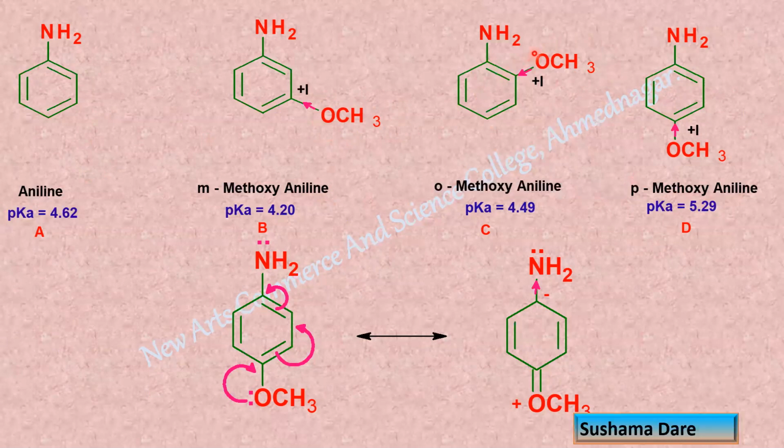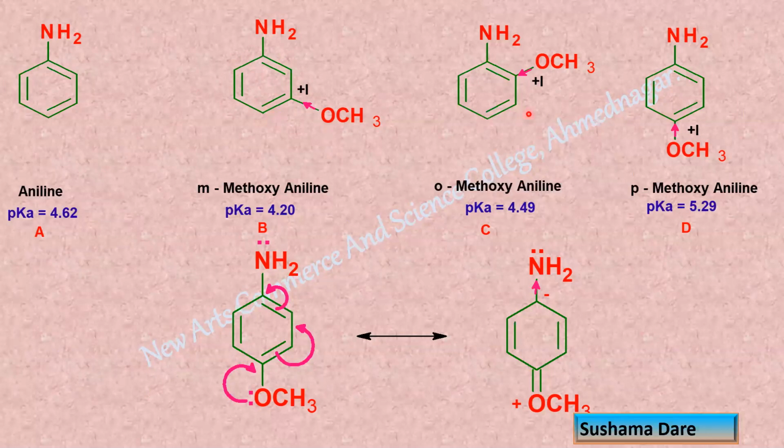Every time again the oxygen having an unshared pair of electrons is involved in resonance. So we can see the resonance effect here, and again this resonance effect is an electron donating resonance effect. Because of that, the electron withdrawing capacity of this benzene ring decreases, rather than that it becomes an electron donor.